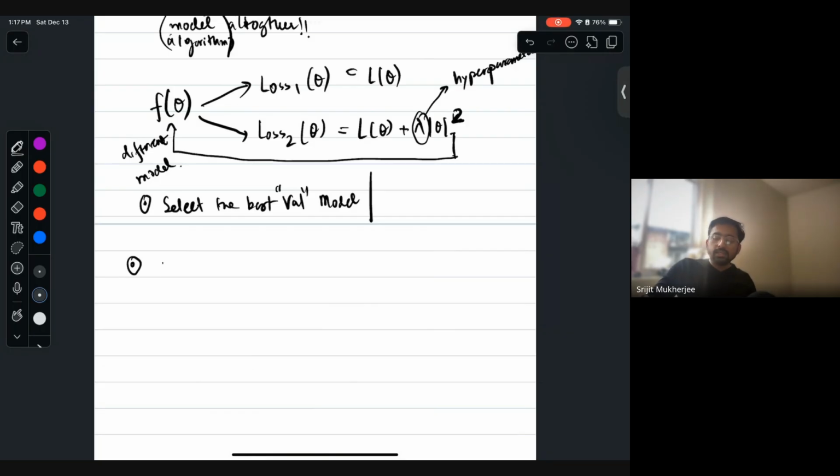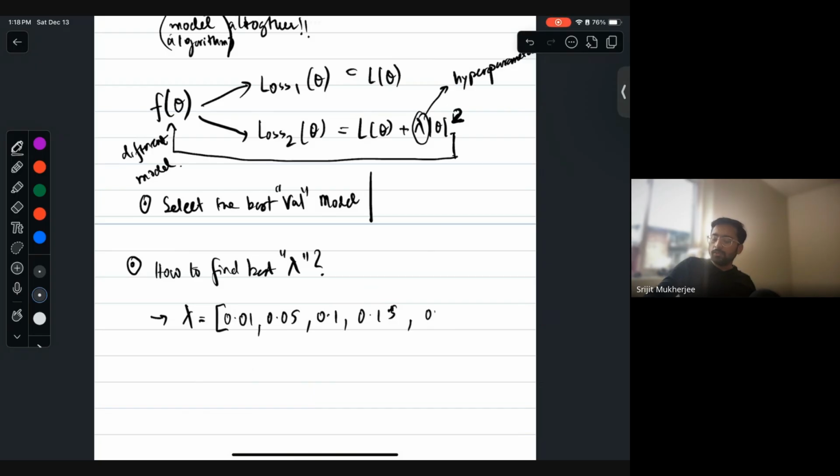One method to find the best lambda is to select a range of values, let's say 0.01, 0.05, 0.1, 0.15.